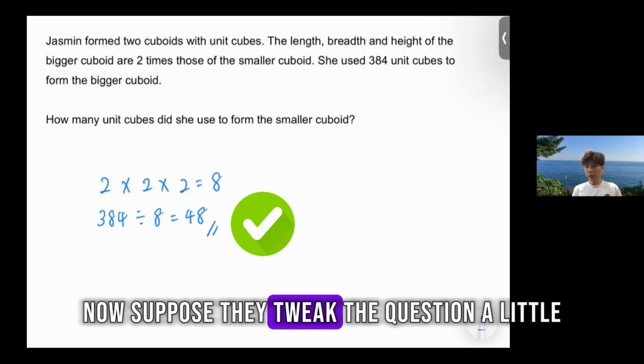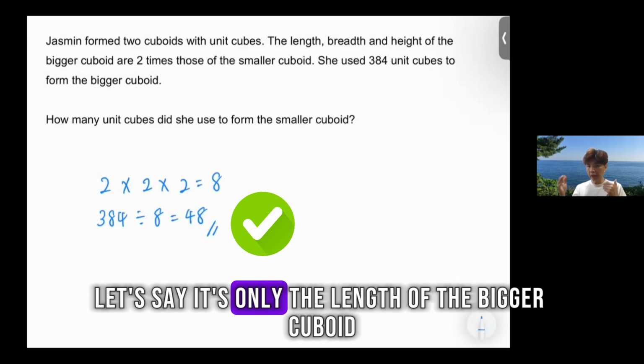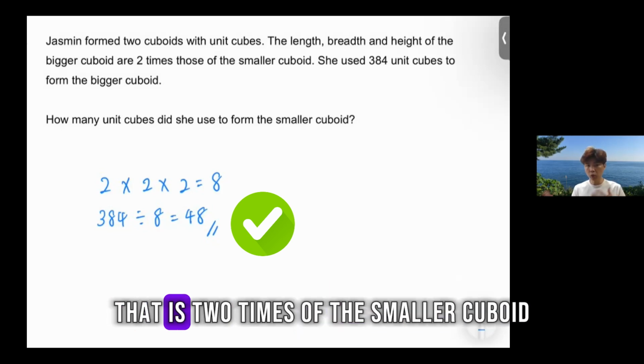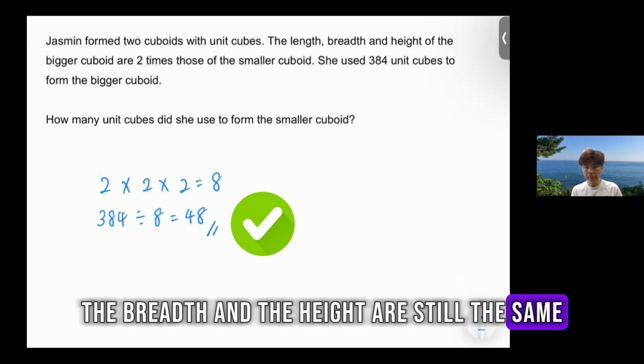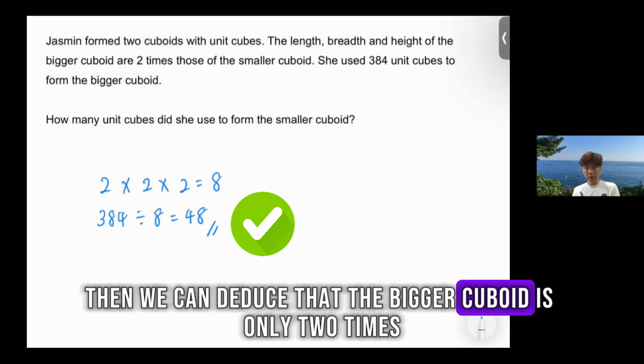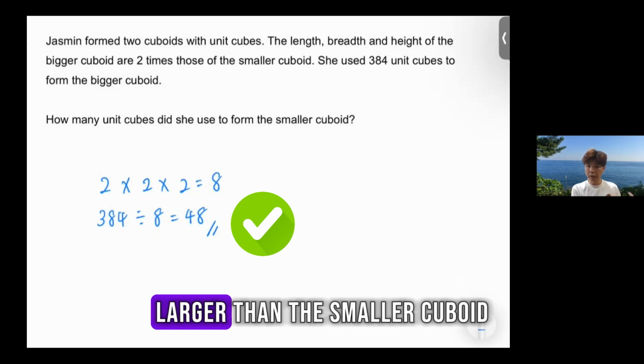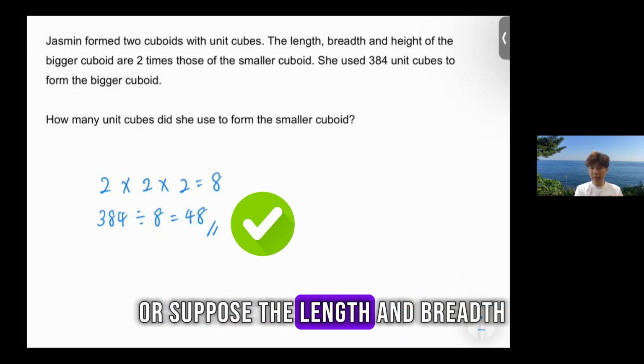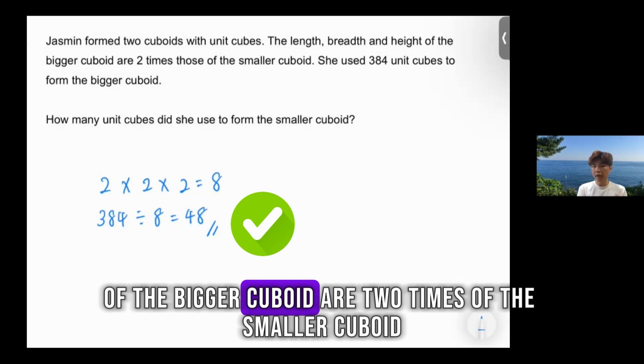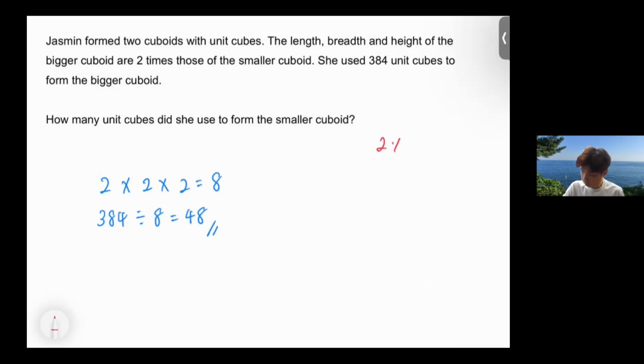Now suppose they tweak the question a little. Let's say it's only the length of the bigger cuboid that is 2 times of the smaller cuboid. The breadth and the height are still the same. Then we can deduce that the bigger cuboid is only 2 times larger than the smaller cuboid. Or suppose the length and breadth of the bigger cuboid are 2 times of the smaller cuboid, but the height remains the same.